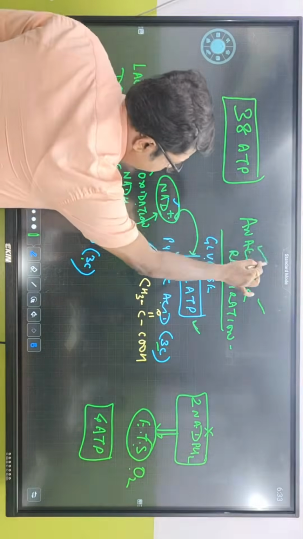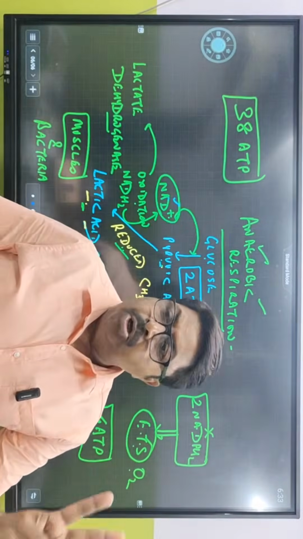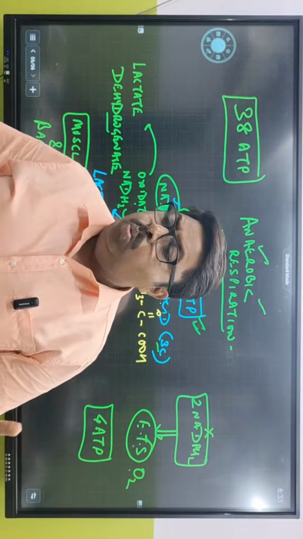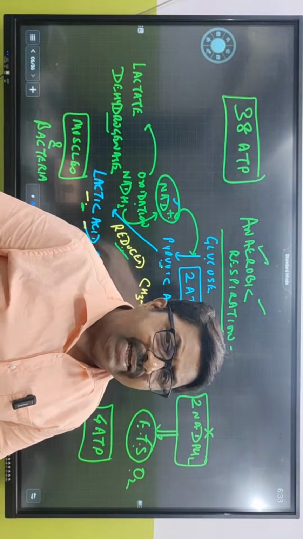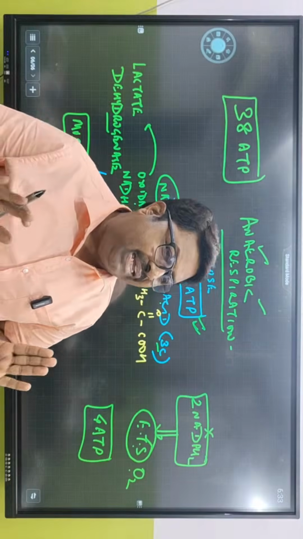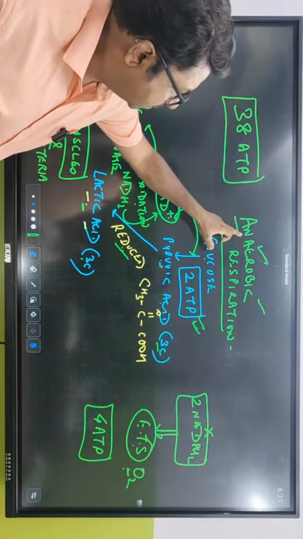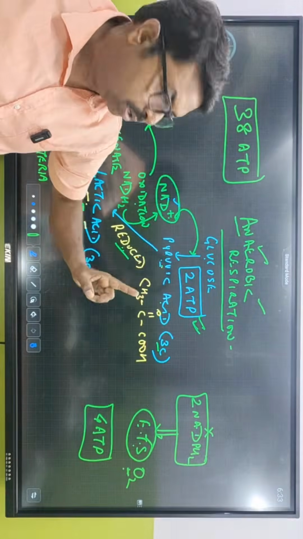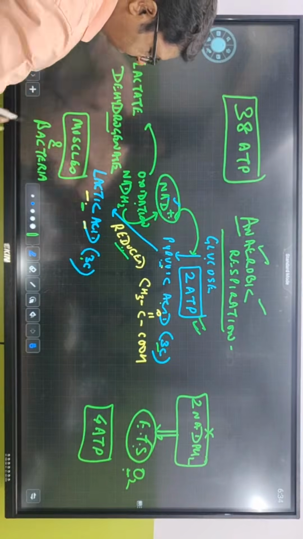So by anaerobic respiration, how many ATP is the net gain? 2 ATP. Because in anaerobic respiration, what is never possible? ETS is never possible, because ETS के लिए इलेक्ट्रॉन ट्रांसपोर्ट के लिए what is required? Oxygen. And we are talking about what? Anaerobic respiration. So this is the process. Is this clear? This takes place where? In muscles and in bacteria.